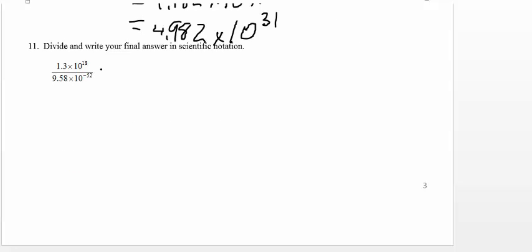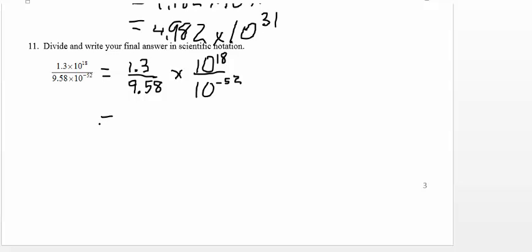Okay, let's look at dividing. We're going to take the A values and divide them. So in this case, that'll be 1.3 divided by 9.58. And that gets multiplied by the division of the powers of 10. So 10 to the 18th divided by 10 to the negative 52.